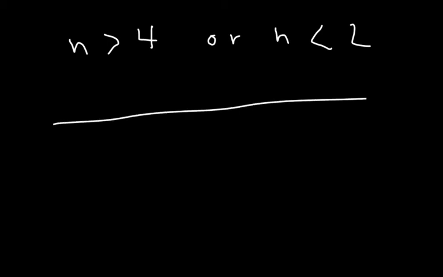We might get a statement that says the number we're thinking of is either greater than a certain number like 4, or maybe the number is less than 2. So there are 2 conditions here, and the end points of the conditions are the 2 and the 4, so we put those on the graph.